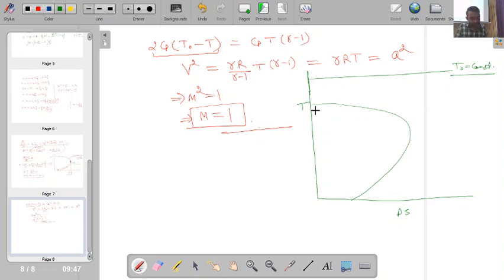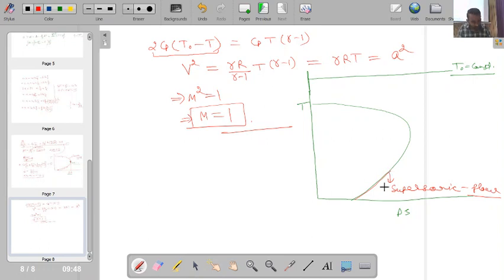So from this curve I can say that the branch having low static temperature must have more kinetic energy in order to reach the constant stagnation temperature. So this particular branch corresponds to the supersonic flow situation. Is this point clear? T naught, the stagnation temperature, is constant, and it is equal to Cp times static temperature plus V square by 2.